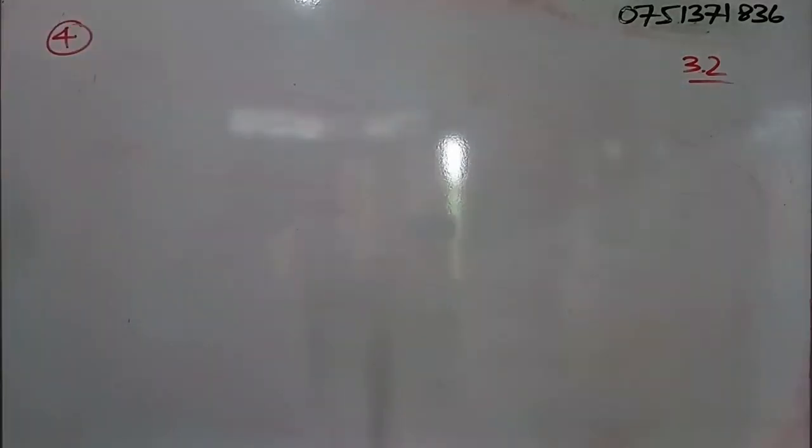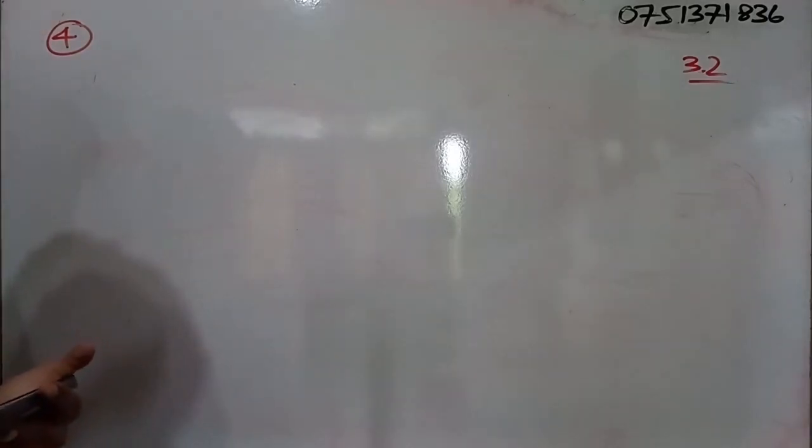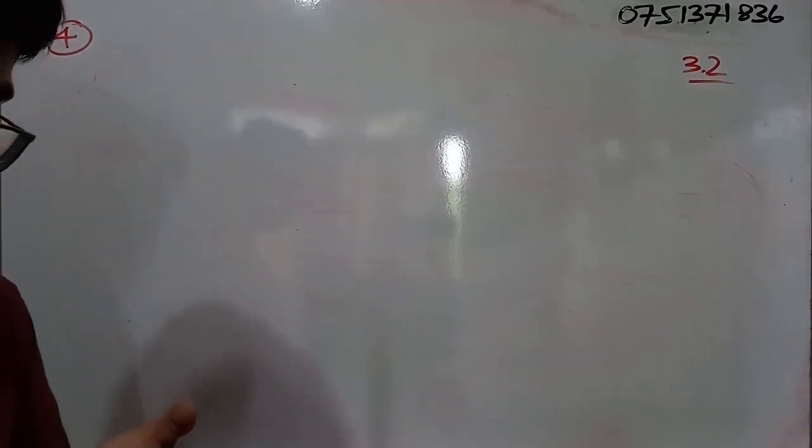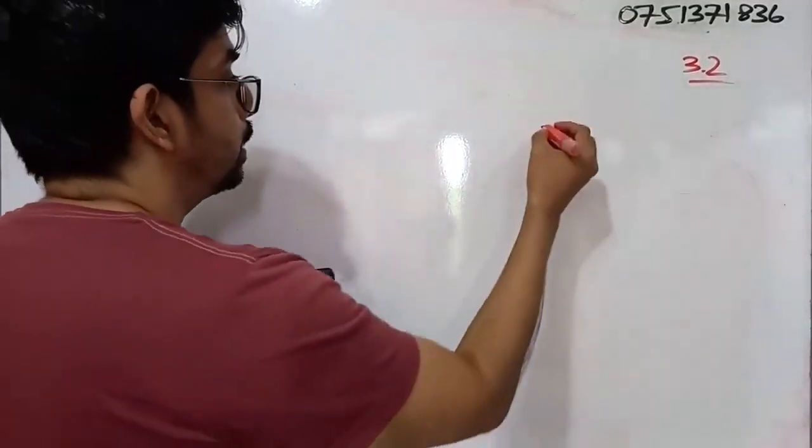Of the amount that Anil spent on a trip, 4 by 7 or 4 7ths was spent on food and 2/3 of the remaining amount on travelling. If 800 rupees was spent on other expenses, find how much Anil spent in total on the trip. Right. So we will jot the figures, right?